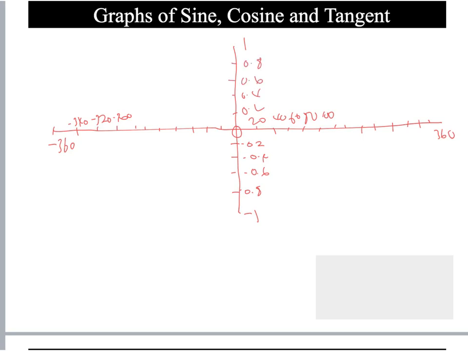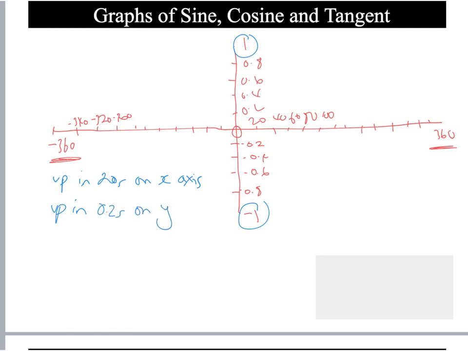So just to recap, you're going to have -360 to 360 going across. You're going to have 1 and -1 on your y-axis, and you're going to go up in 20s on the x-axis, and that's where you're going to plot your points, and you're going to go up in 0.2s on the y-axis.